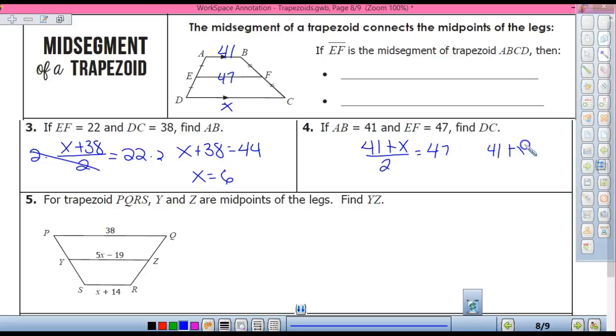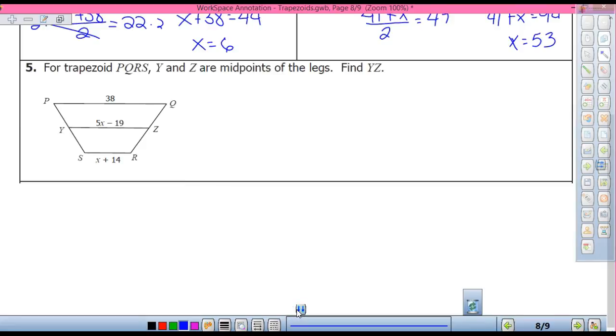So 41 plus X equals 94. X equals 52. That's not bad, right?